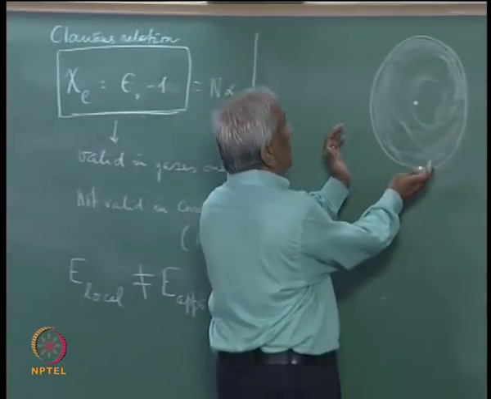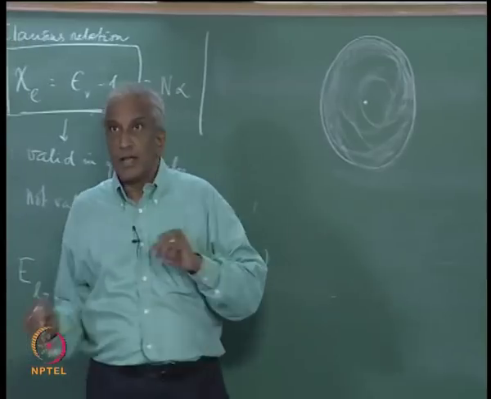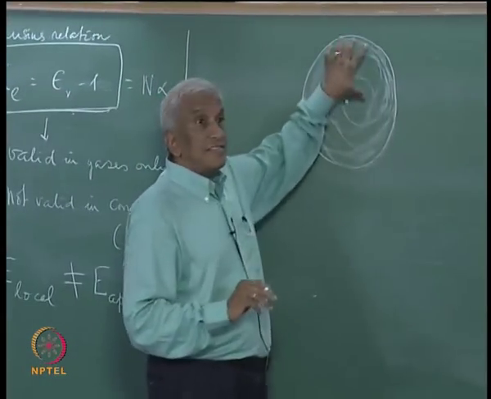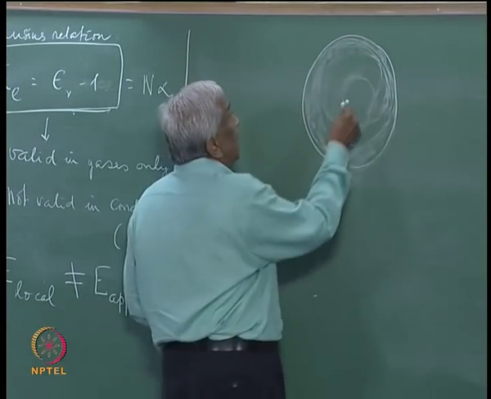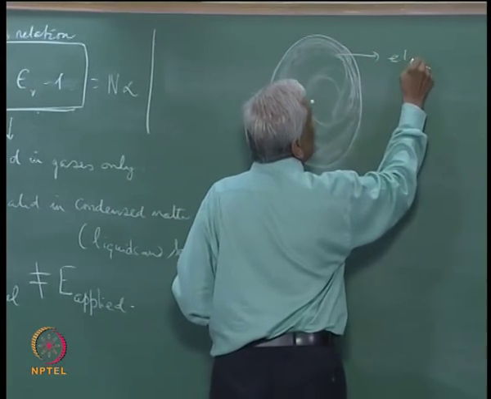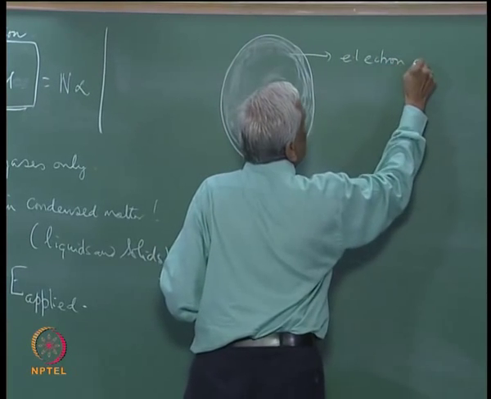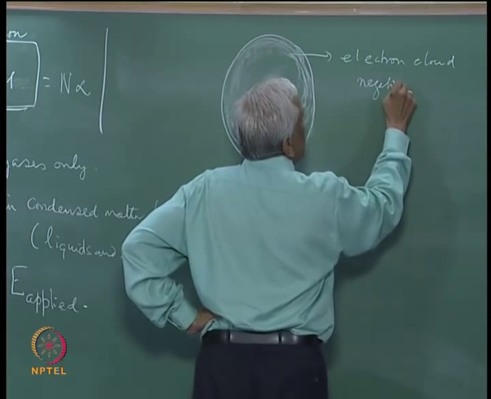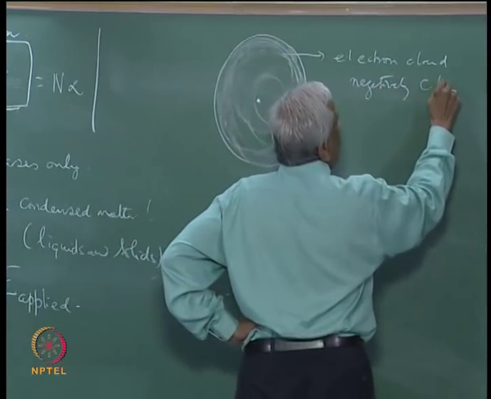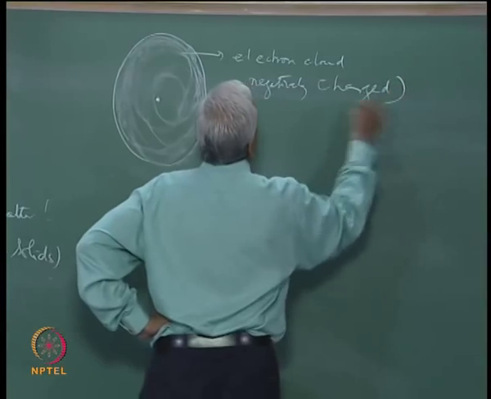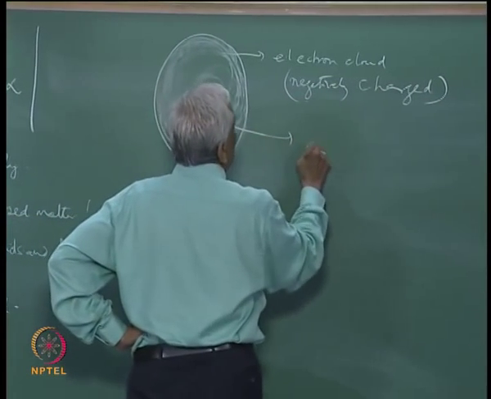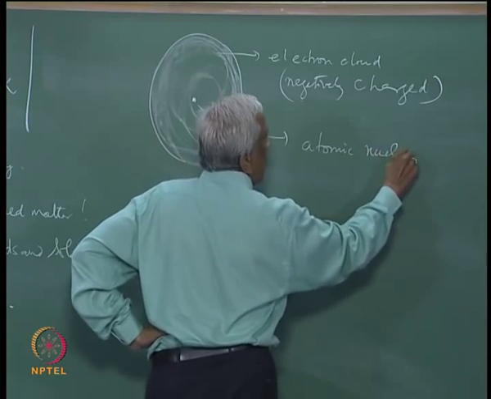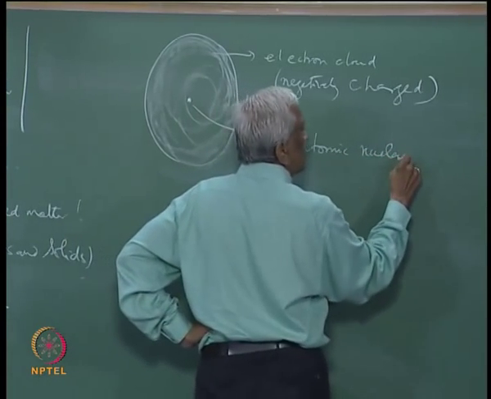Now, this is a spherical atom, we are assuming it to be spherical to keep the discussion simple, such that the centers of positive and negative electric charge, this is the electron cloud, negatively charged, and this is the atomic nucleus, which is positively charged.